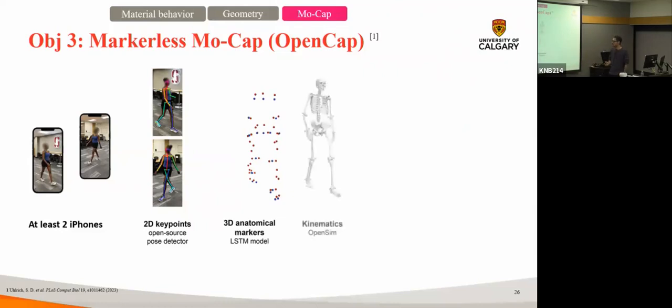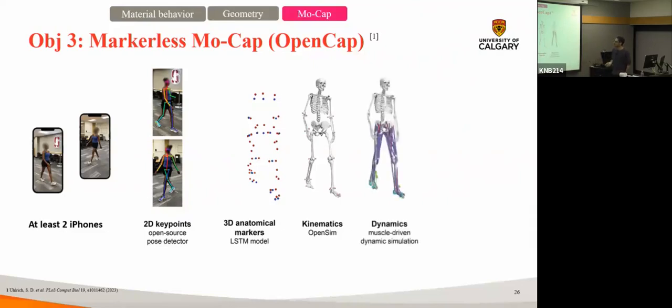Once you have these 3D markers, kinematics are automatically calculated, so you don't need to calculate kinematics yourself. But for kinetics, you need to either download the Python scripts and run them, or you can use OpenSim. You have kinematics, you have the force plate, and you can use OpenSim to get the kinetics.